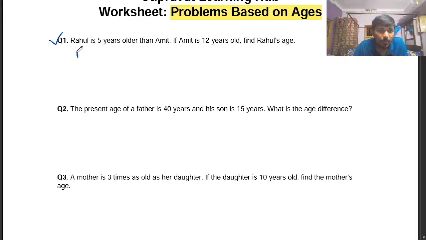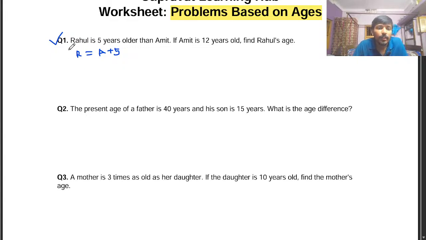So Rahul's age equals Amit's age plus 5.